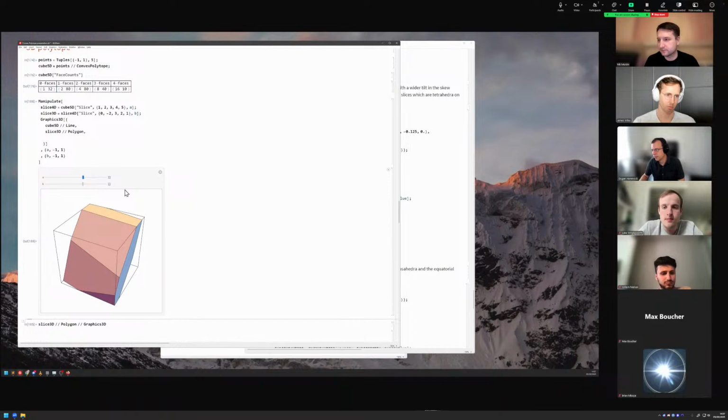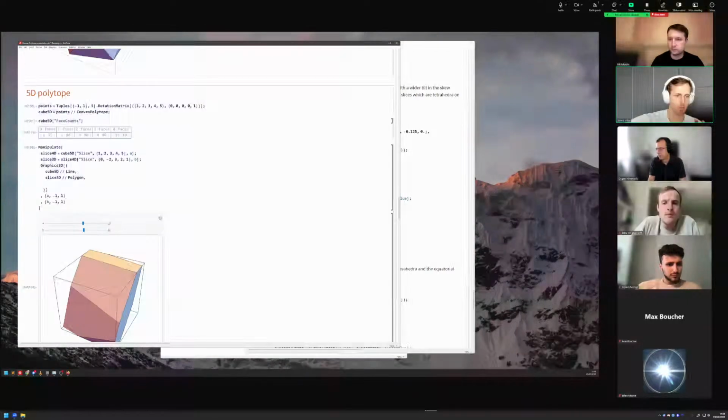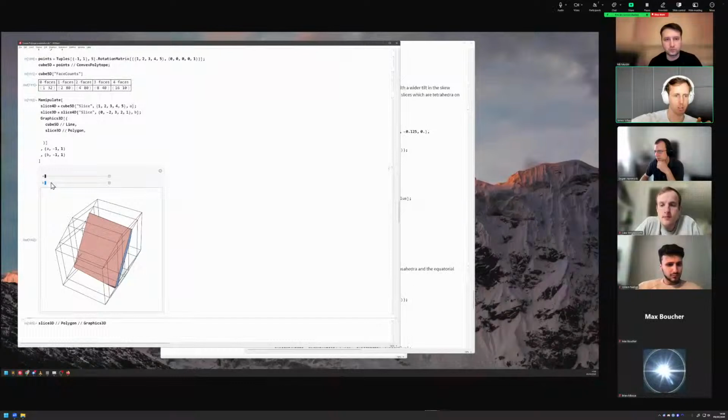That makes it a bit easier to understand what's going on here. Could you draw every polygon in the same shape? Oh, there we go. Yeah.